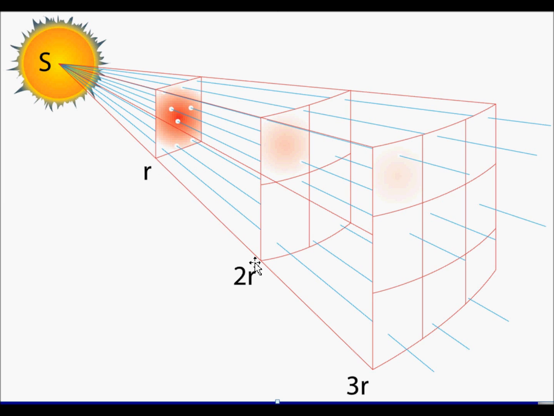But if you double that distance, you end up squaring the area. And if you triple the distance, you square that. So it's actually got this squared effect, where when you go out further away from a star, that star spreads out in all directions, covering space.